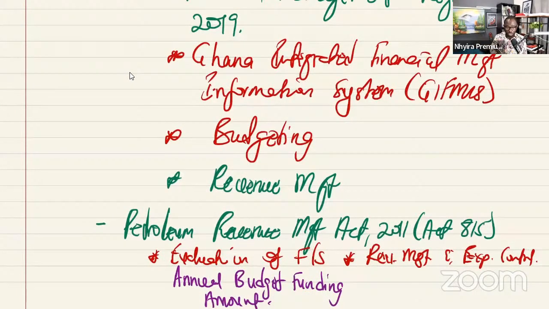I'm going to explain this later on, because there is the annual budget funding amount, which is the annual amount from the petroleum revenue that government uses to finance its expenditures each year. When that revenue is included in the revenue, when we are doing ratios, we have to do non-oil fiscal balance and non-oil primary balance. So when you're dealing with non-oil primary balance, the annual budget funding amount must be excluded. We're going to explain how that works later on as we continue.